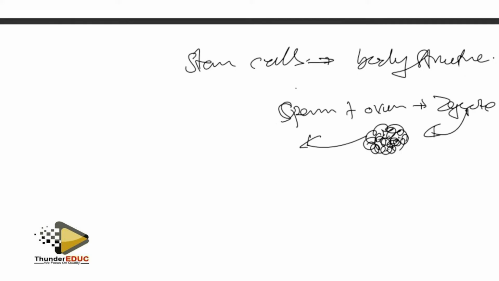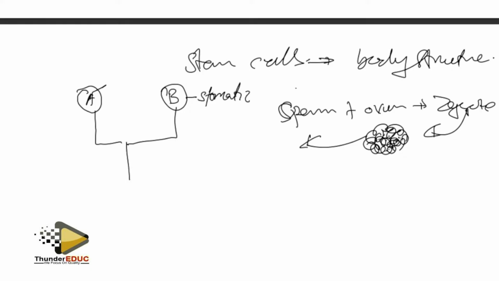All right. Now, let's go to cloning. I only want to discuss cloning here. I have sheep A. I have sheep B. I get a cell of sheep A from the skin, a somatic cell. And this one I get from an ovum.